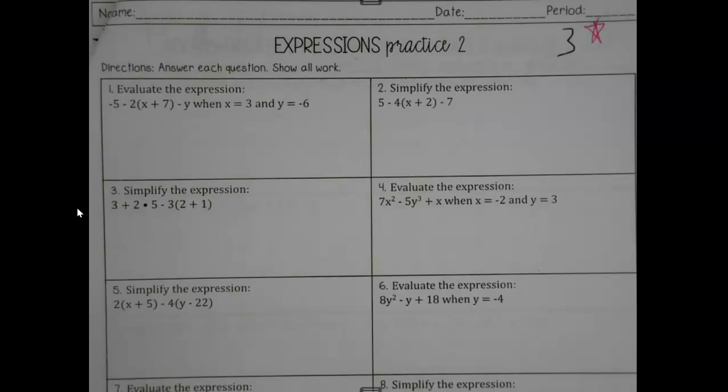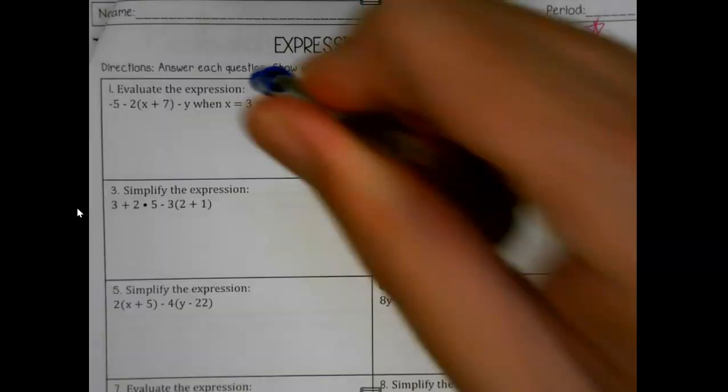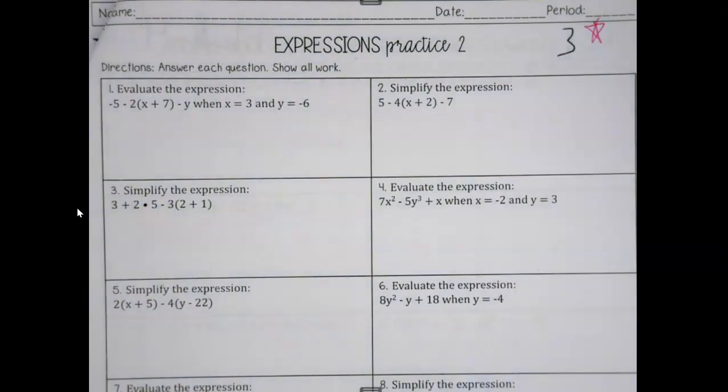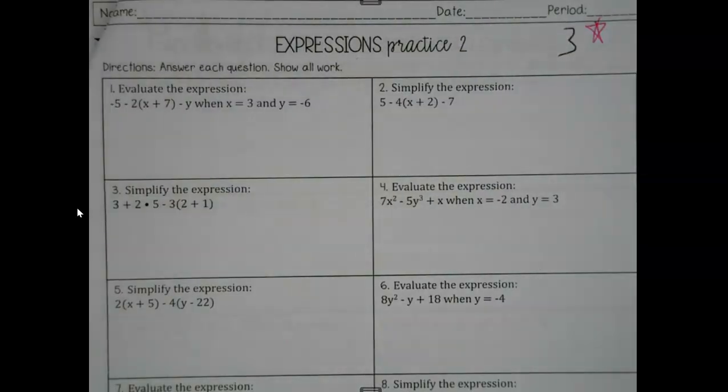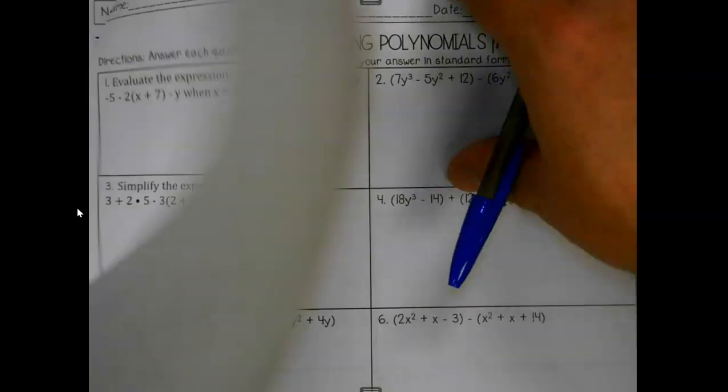But just in case you haven't done some of the other ones yet, today's a good opportunity to get that done. But we're going to be working on page 3. Page 3 we hadn't done before. That lets us do some evaluating and some simplifying, playing with order of operations, playing with the distributive property, combining like terms, all that good stuff. So page 3 is a good spot for us.